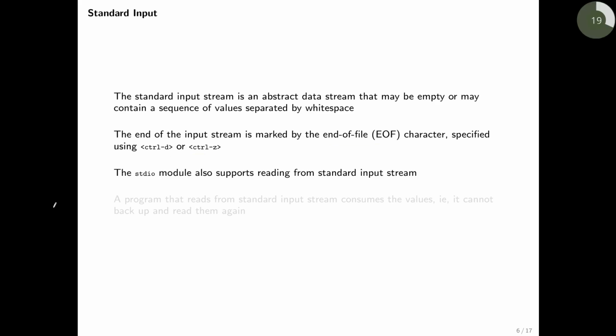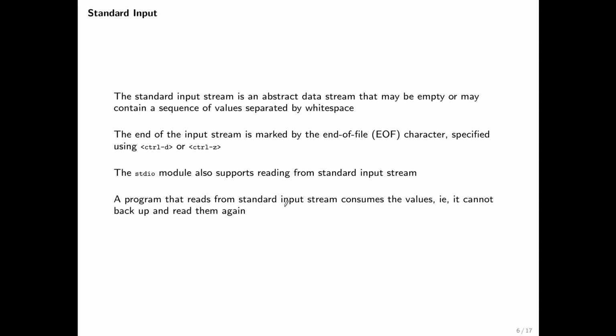Now we are going to use the stdio module also to deal with standard input. So we've used functions from here to deal with standard output. We can also use this module to deal with standard input. This module makes it really easy to work with standard input. Now keep in mind that a program that reads from the standard input stream consumes all the values.